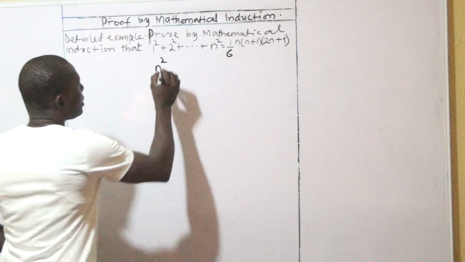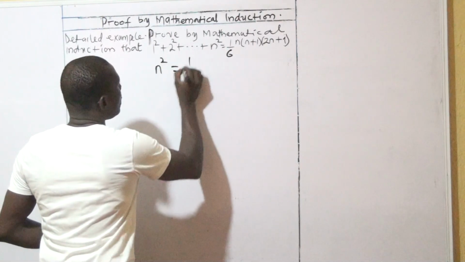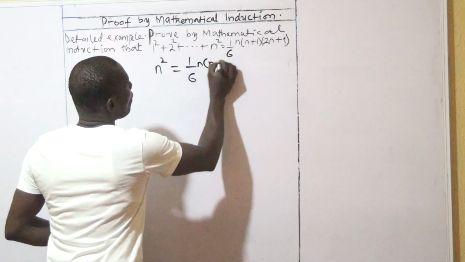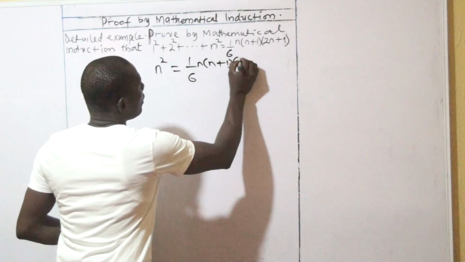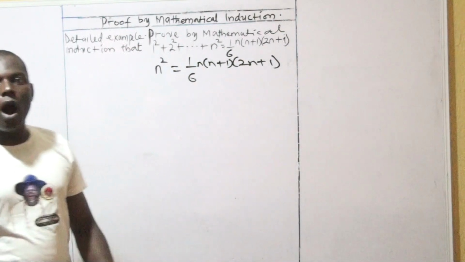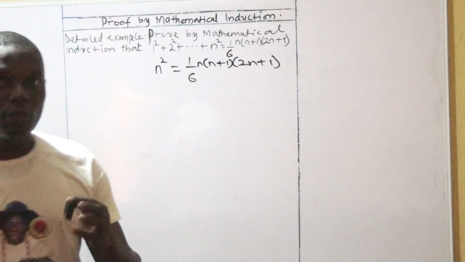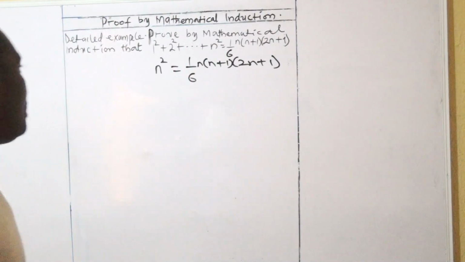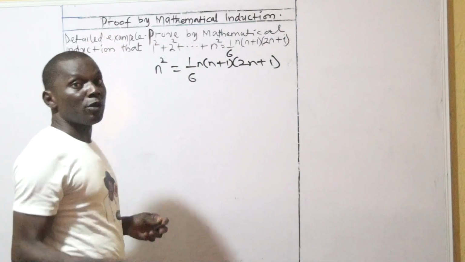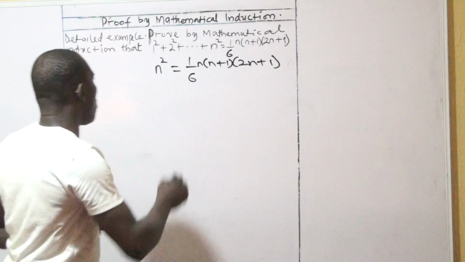So you must see that it is equal to the right hand side, especially if we assume n to be 1 and put it there. Both sides must be equal. So the left hand side and the right hand side must be equal when n equals 1.